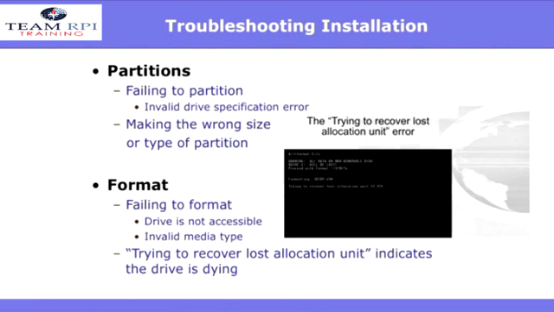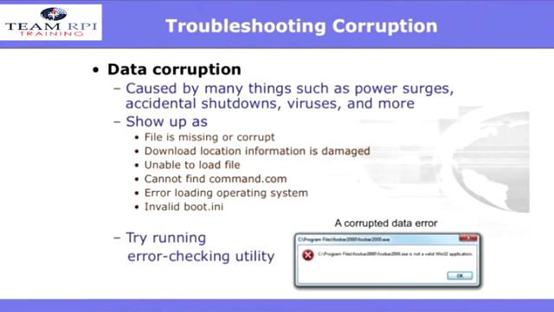This is generally the problem when you've selected the wrong size or type of partition for the file system that you wish to install. And data corruption. Data corruption can occur by many things, such as power surges, accidental shutdowns, and viruses. They generally show up as file is missing or corrupt or unable to load file.